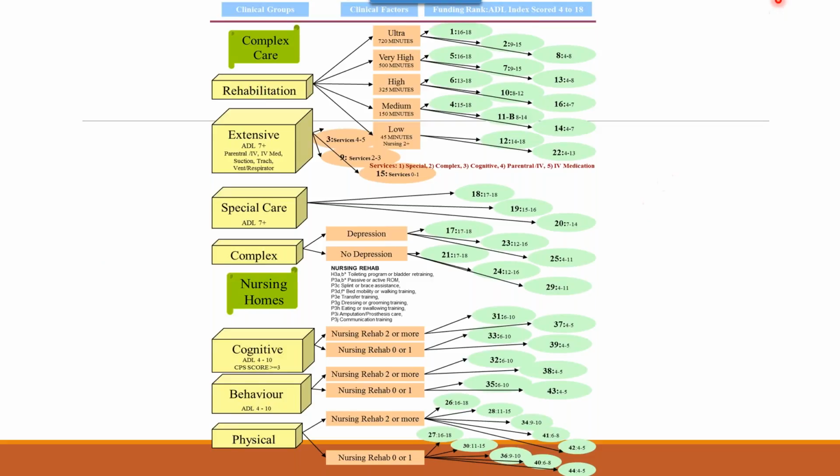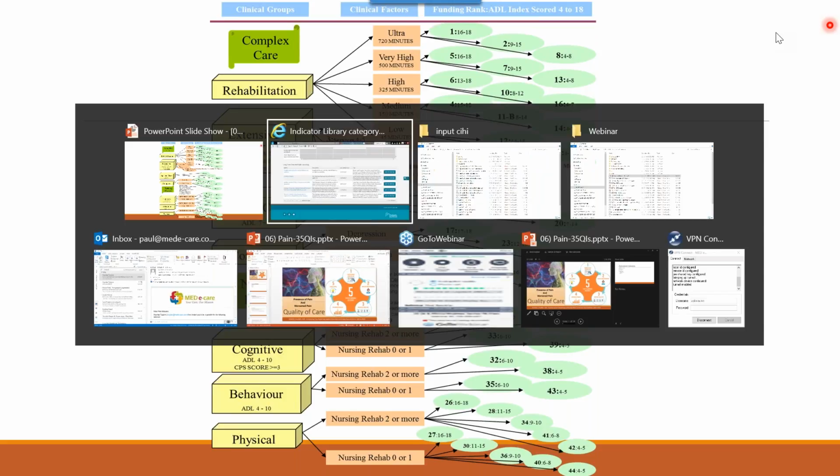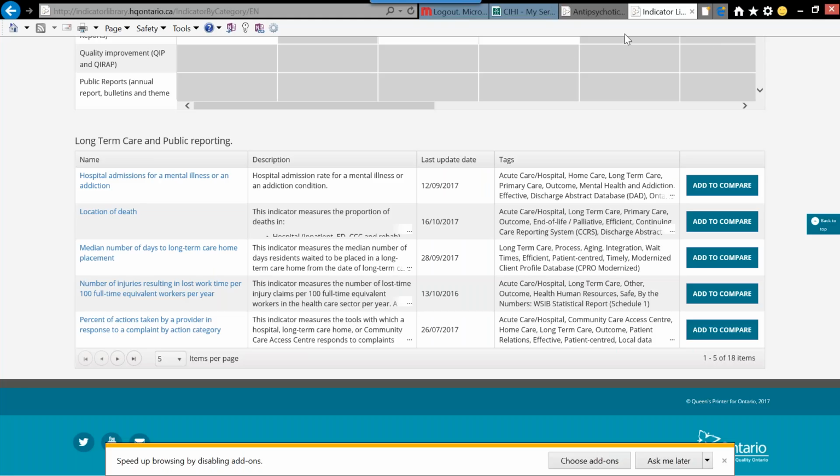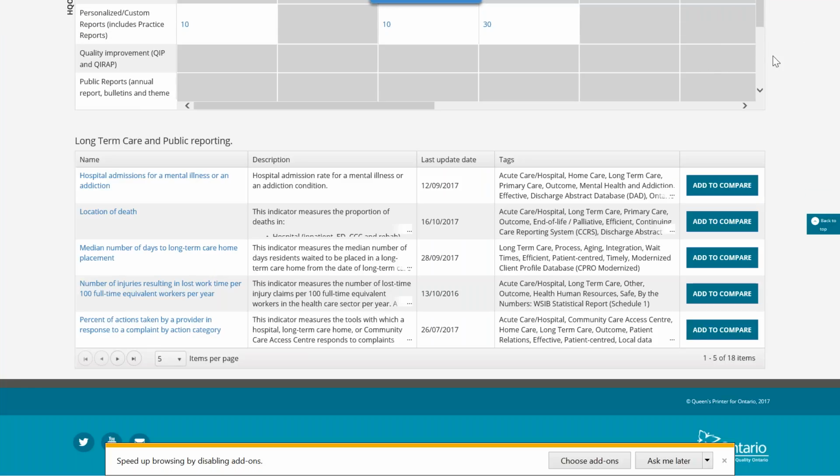Now, just a couple of other things, and since we've got a bit of time, what I would like to look at is the Health Quality Ontario webpage, and it's just a good opportunity right now to do that.